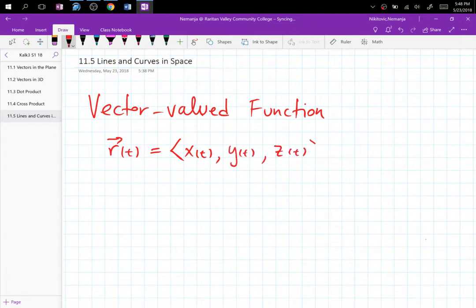It can be any dimension, guys. It could be 2 functions for 2D space, 3 functions for 3D, 7 functions for 7D, and so on. So we have the notion of a vector-valued function, which is simply a collection of functions, and these functions are parametric functions that we study in chapter 10.